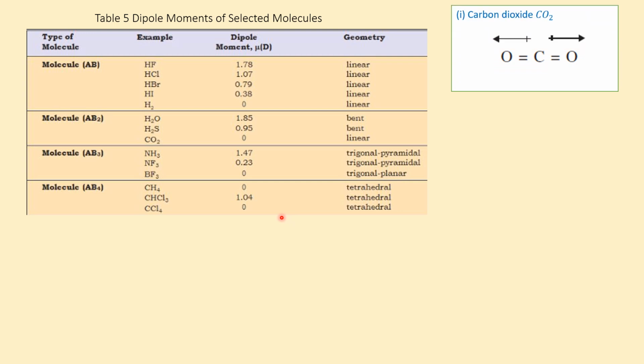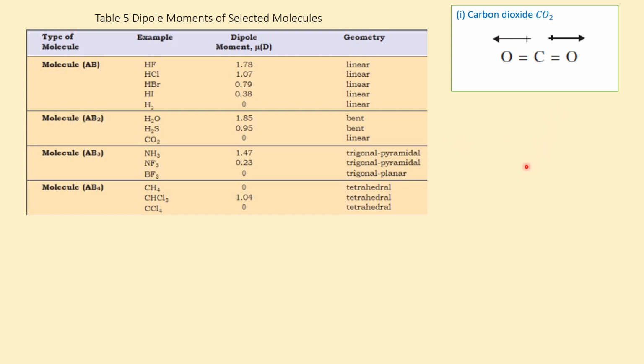Example number 1. For carbon dioxide, CO2 molecule is a linear triatomic molecule. Each double bond between C and O is polar, with the oxygen atom being the negative end of the bond dipole as shown in the diagram.